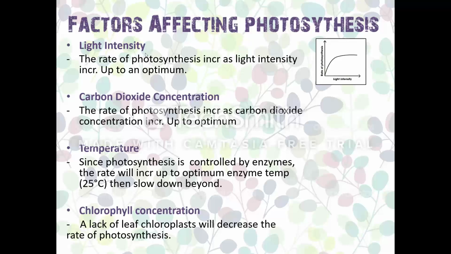What they like to ask you in tests is an example of a plant being moved closer to a lamp. So if I put a lamp and I have a plant growing 60 centimeters away from that lamp, and then I have another plant growing at 30 centimeters away from the lamp, and then another plant growing at 10 centimeters away from the lamp, I'm going to find that the plant growing the closest to the light is going to have the best rate of photosynthesis because it's getting the best light intensity.